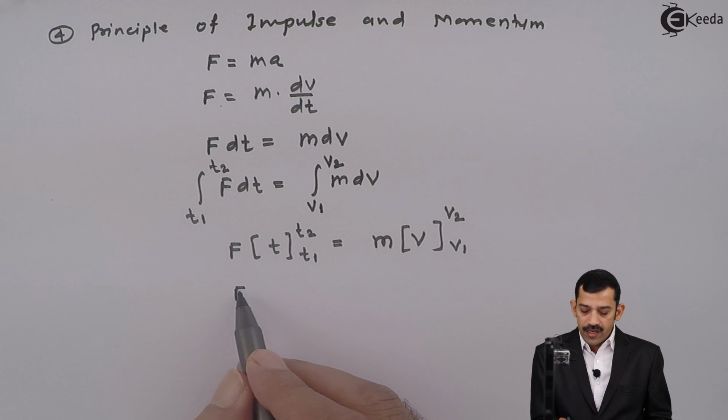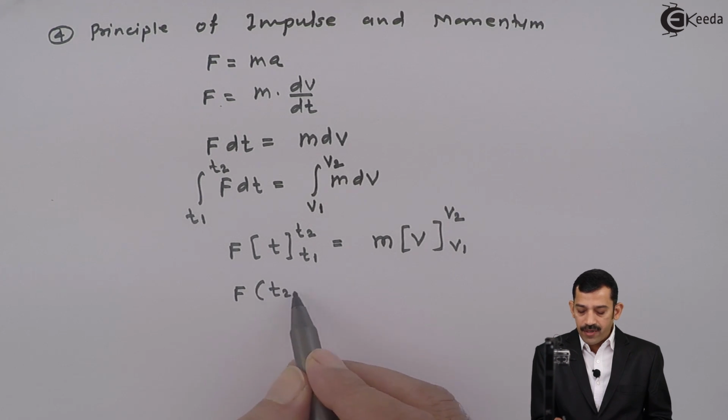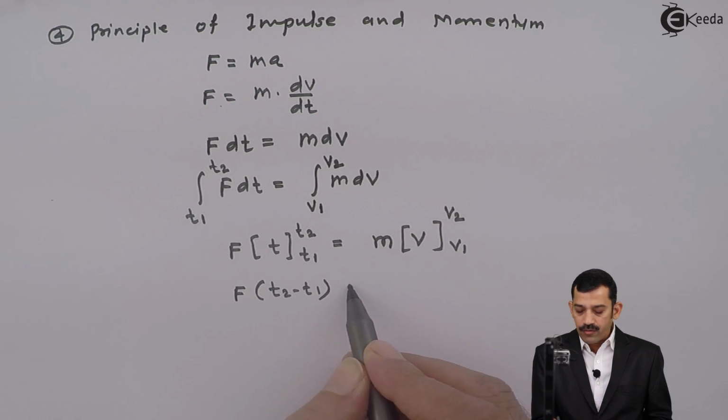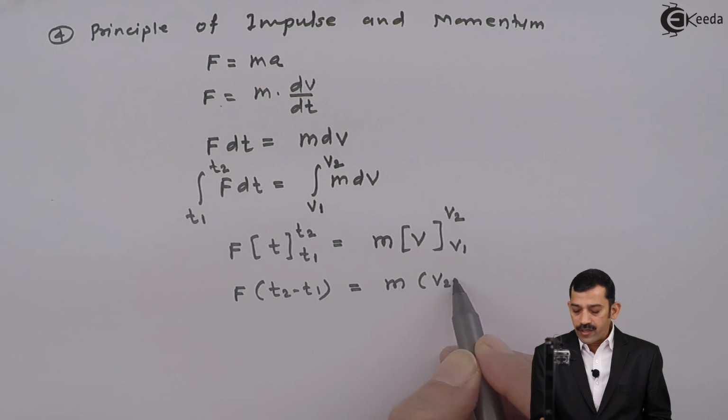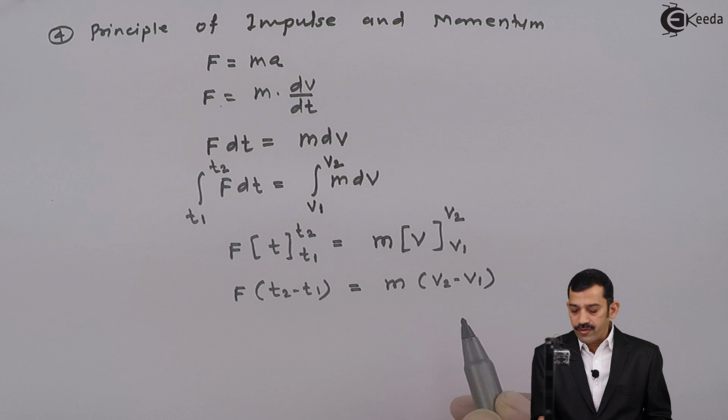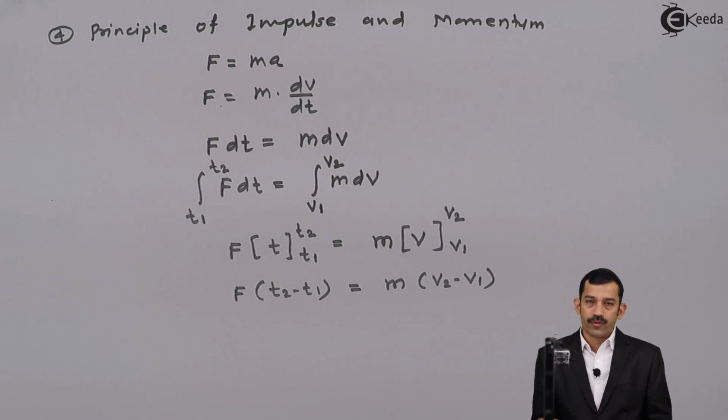That means F, upper limit minus lower limit means t2 minus t1, equal to m, what will get here? v2 minus v1, upper limit minus lower limit.